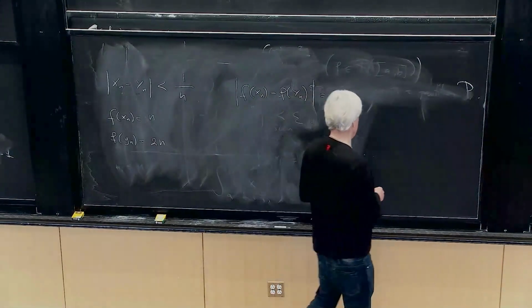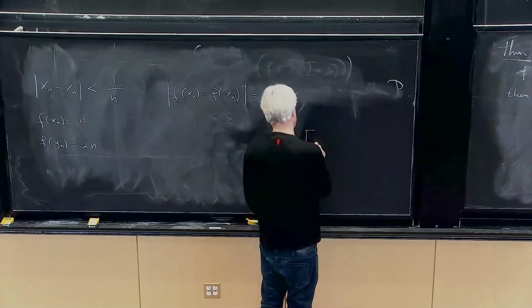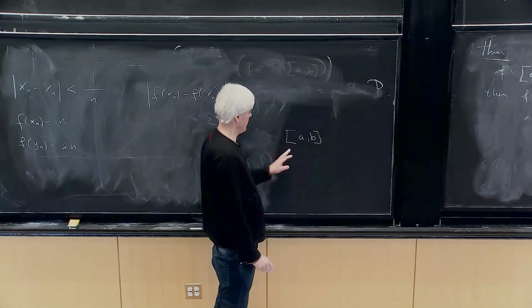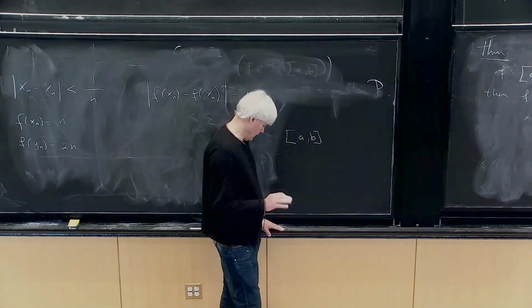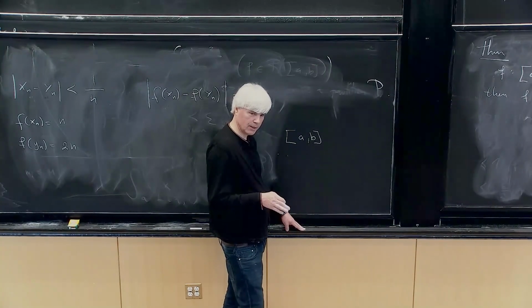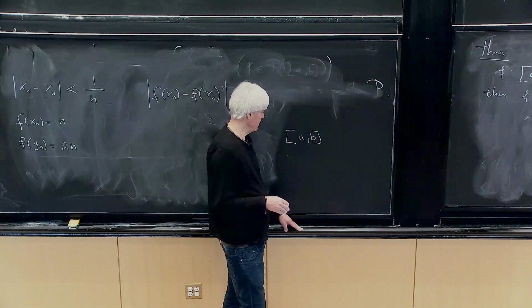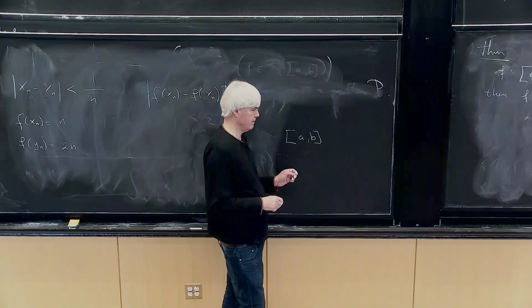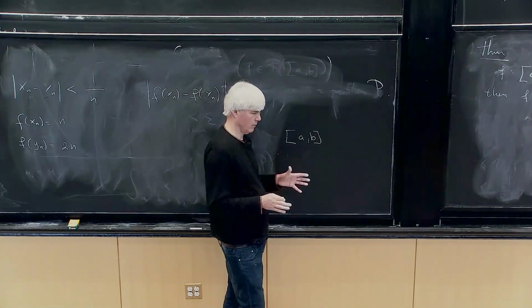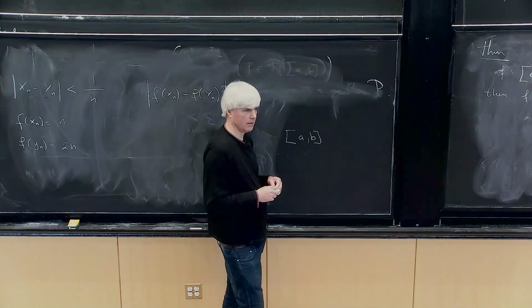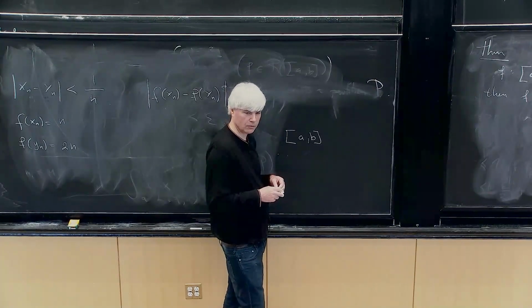Remember that you can think about compact metric spaces or compact sets. But for a subset of the real line, compact is the same as saying that it's bounded and closed.